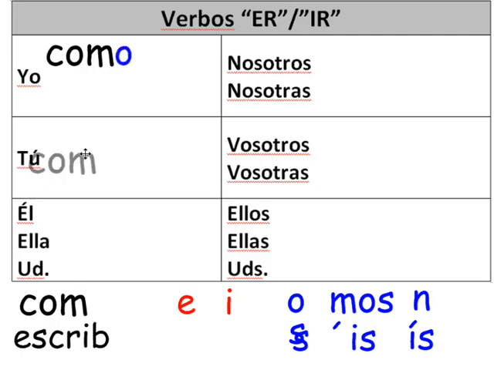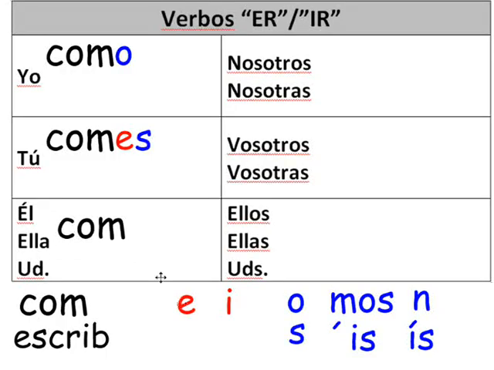For the tú form, we have the same stem, com, and now that it's an ER verb, we use this common ending for the present tense of ER verbs, E. So we have tú comes. That's because it's a tú. Then for él, ella, usted, stem, it's an ER verb. So we have él come, ella come, usted come.